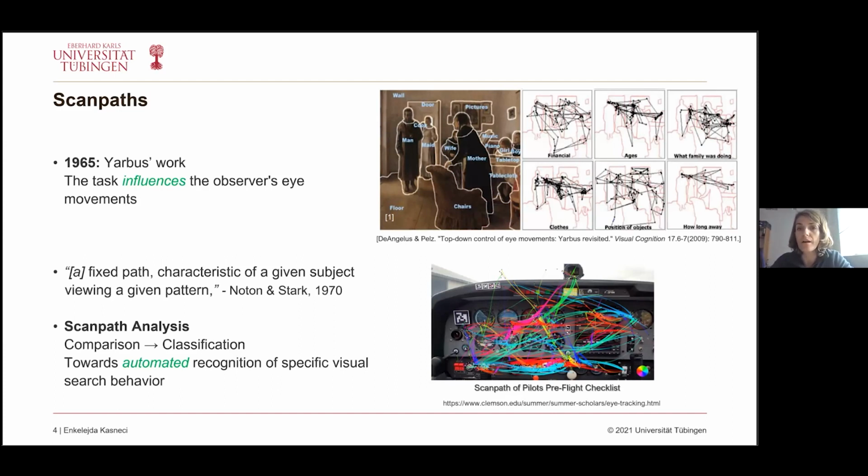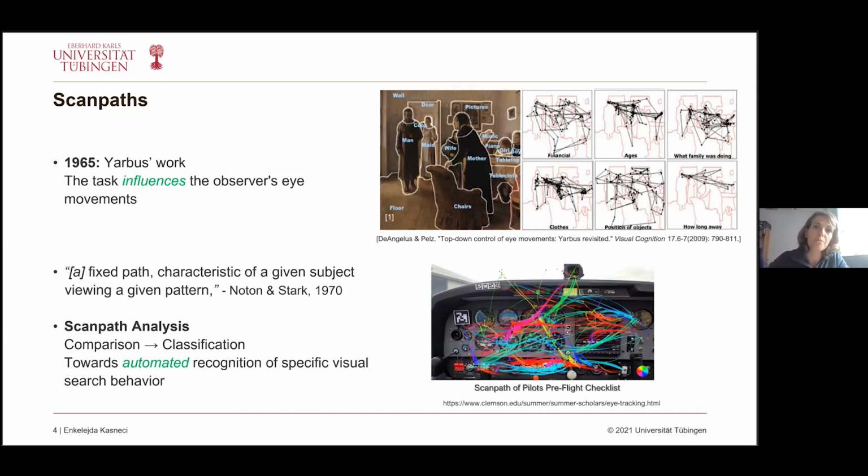That means the scan path that we take while we're looking at something or searching for something. Scan path research has a very long history, and noteworthy in this realm is, for example, the pioneering work conducted by Yarbus in 1965, where Yarbus asked the study participants to look at the image under different conditions.